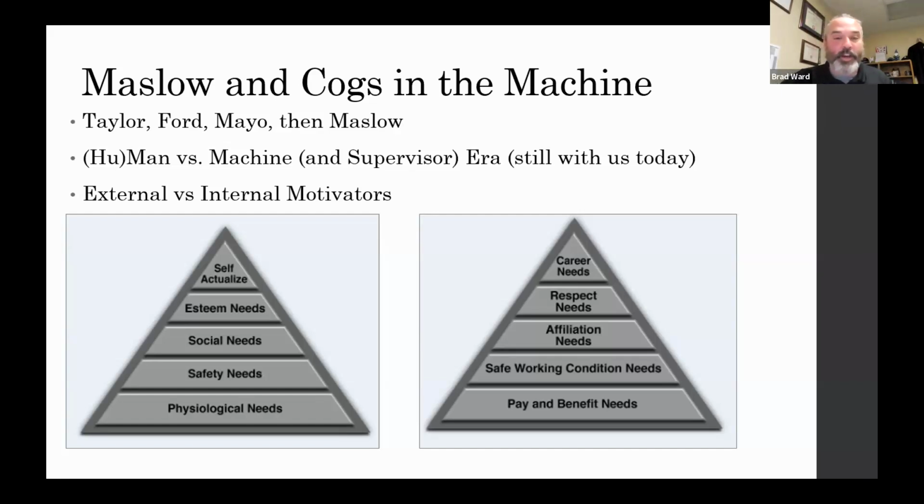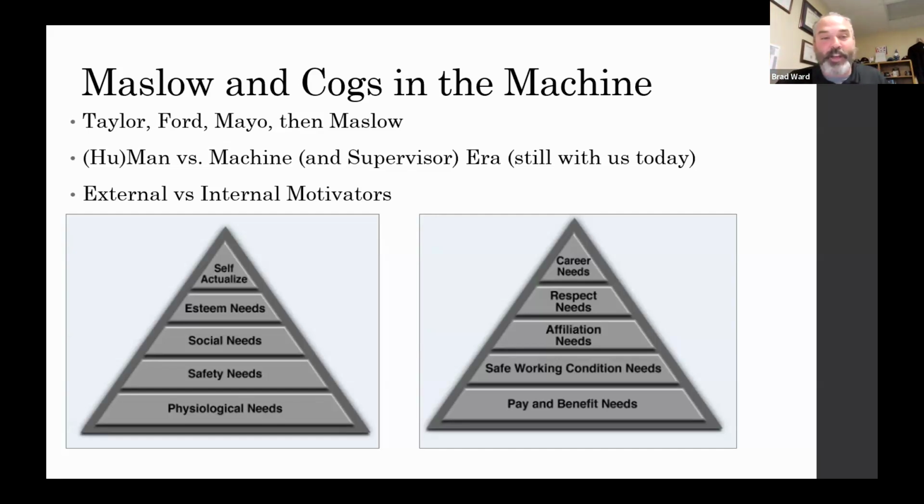He's studying operators in a factory. And what they would do is mess with all of the external things. They would make the heat go up and down, and they did this over years. They would have the lighting flashing and doing bad things. They would change their lunch breaks at random.